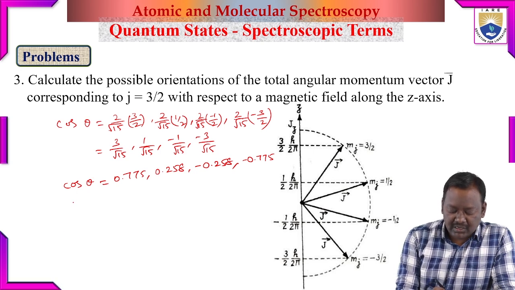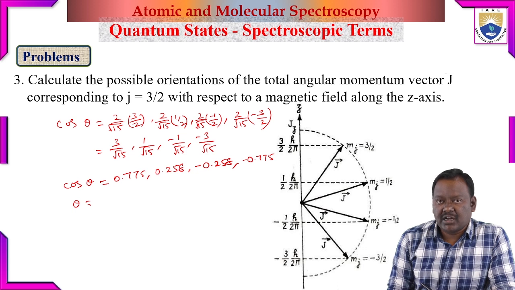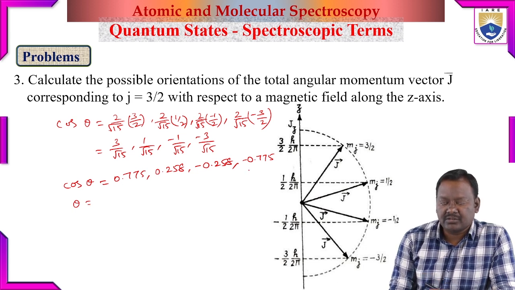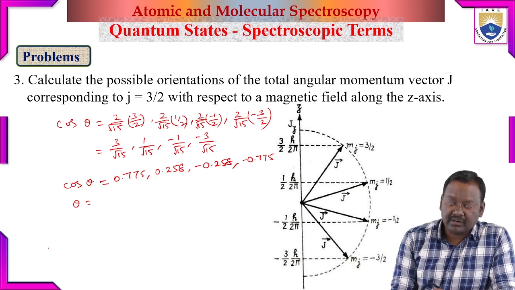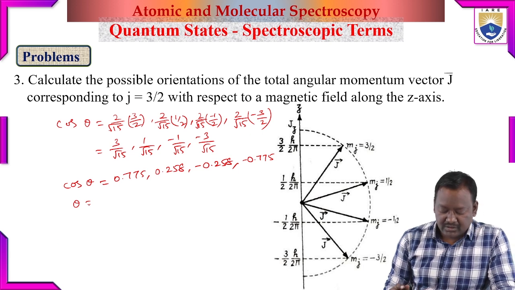If we find the theta value, that means cos inverse of these values.